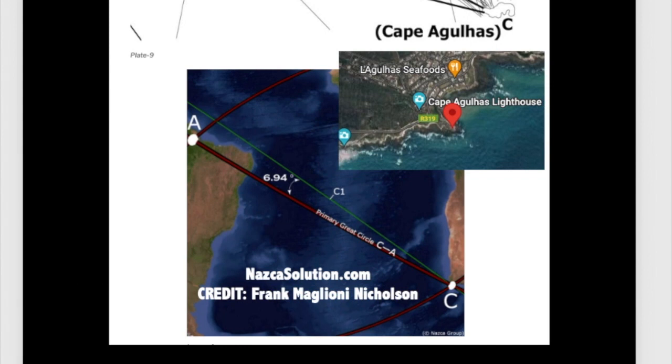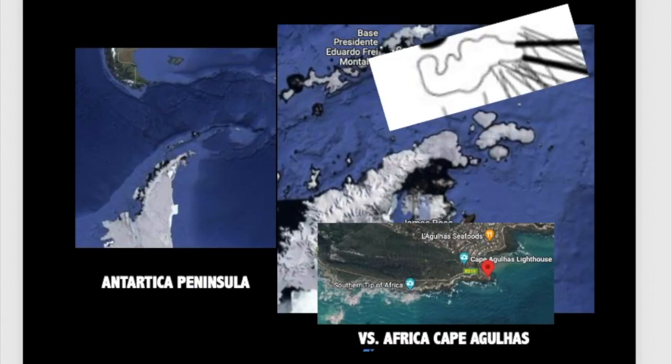In terms of C, he places this at Cape Agulhas Lighthouse in southern Africa. And I actually place it on Antarctica. I know that sounds crazy, but to me, this indicates a map of southern seafaring mariners.